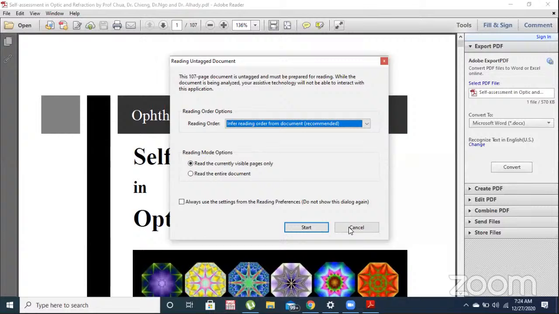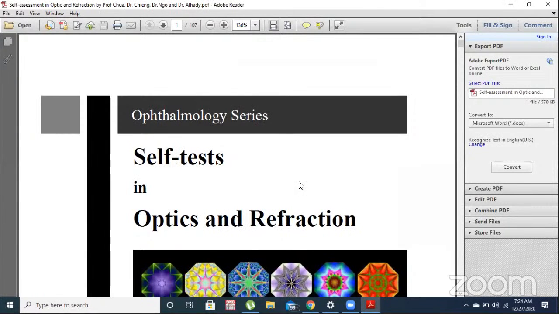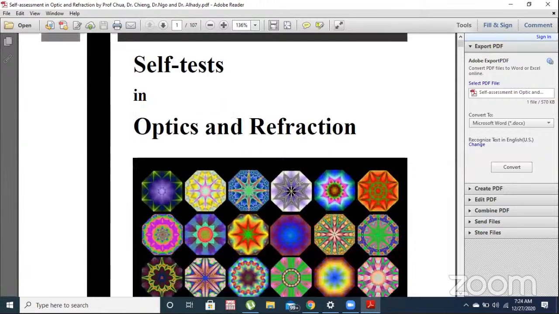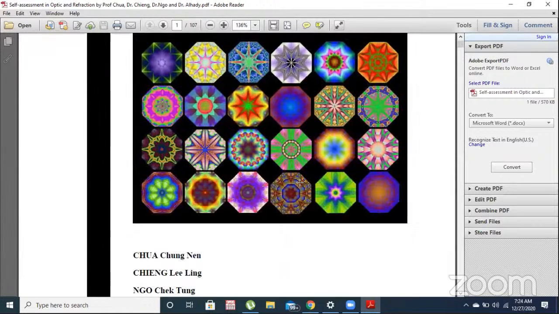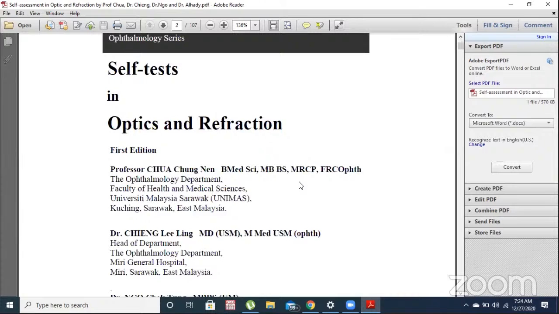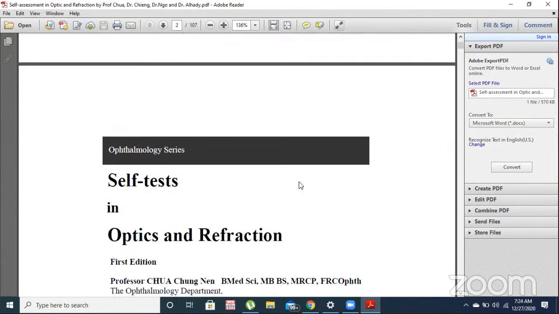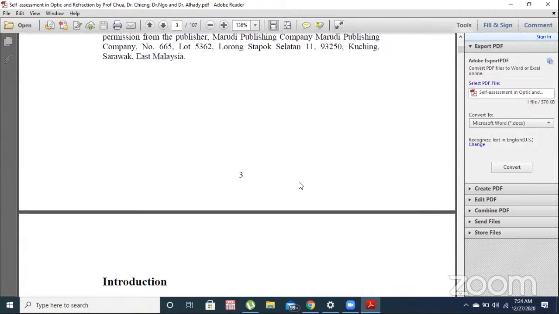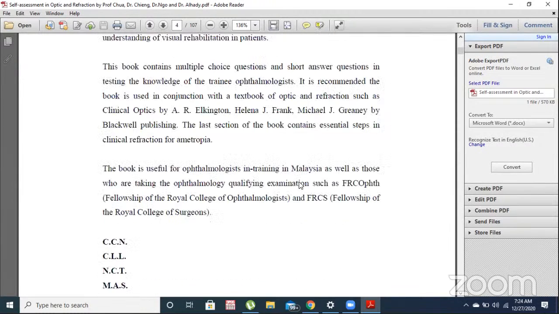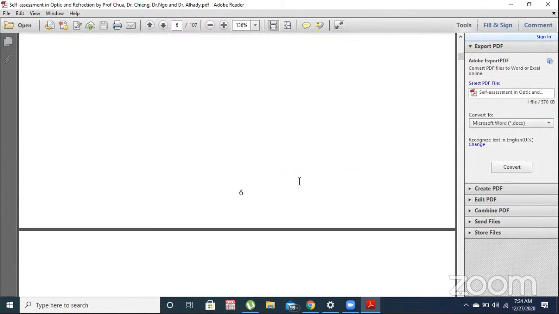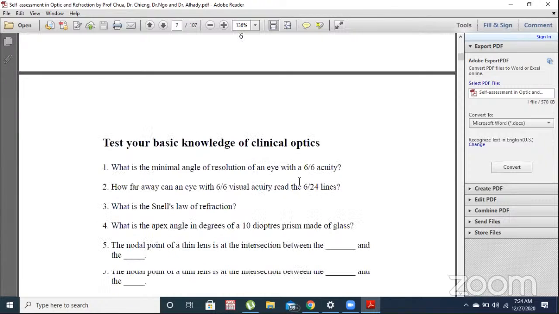Do you have this self test in optics and refraction? No, sir. You don't have it? So if you go through this, this is the international set of MCQs. Very important: basics, properties of light, refraction, and the practical things; there are very few practical things.